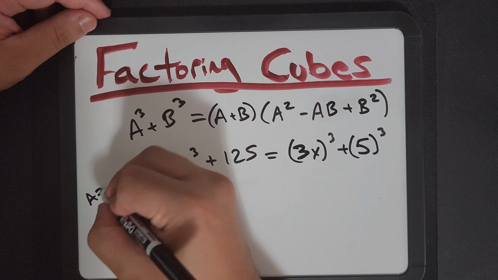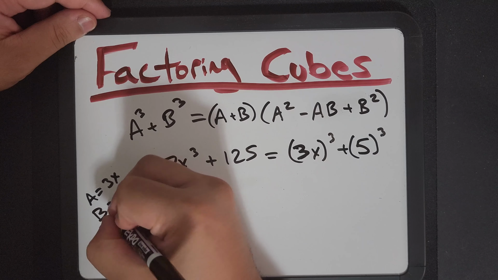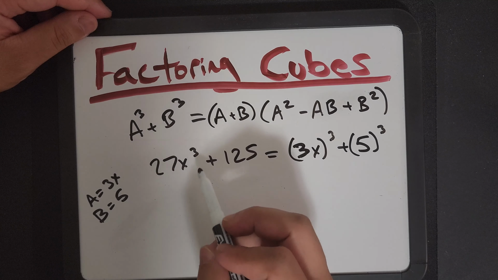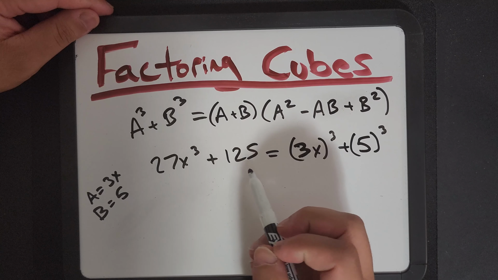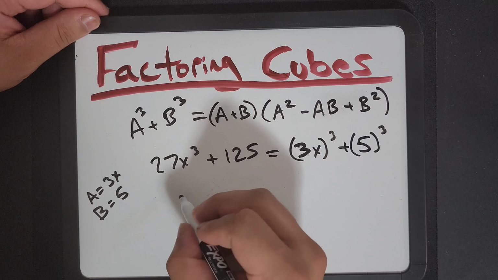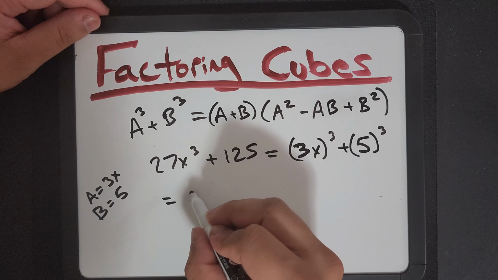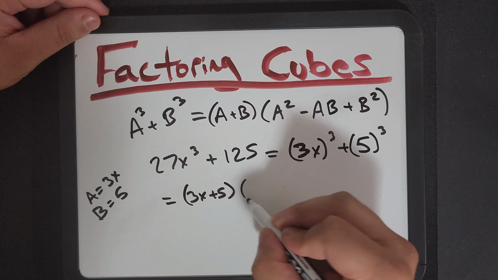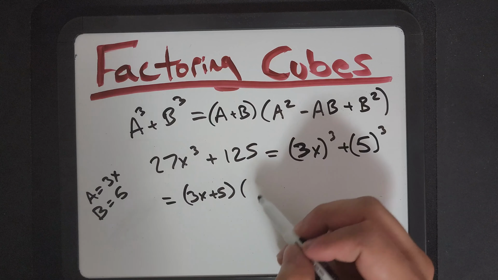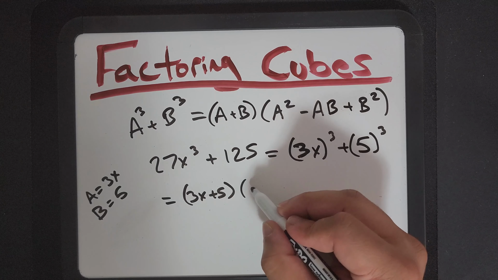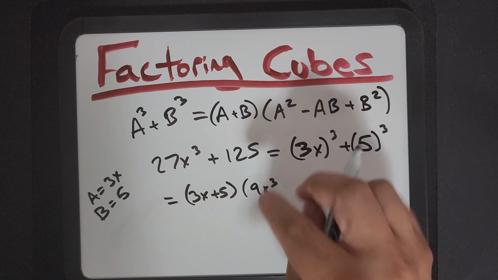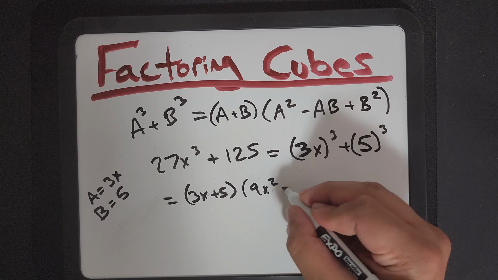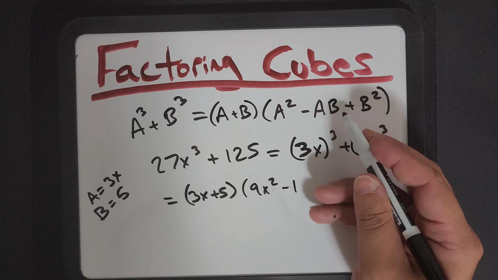So, according to our new law here, if a is equal to 3x, b is equal to 5, so this 27x cubed plus 125 is going to be equal to 3x plus 5 times a squared, which is 3x times 3x, which is 9x squared, minus a times b.